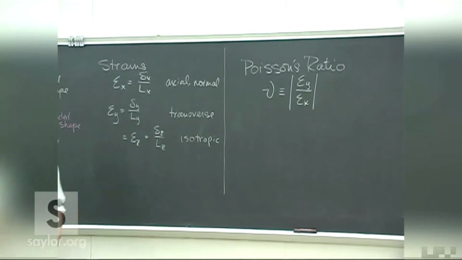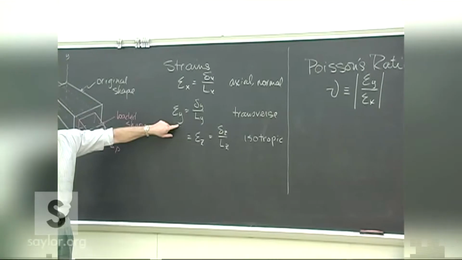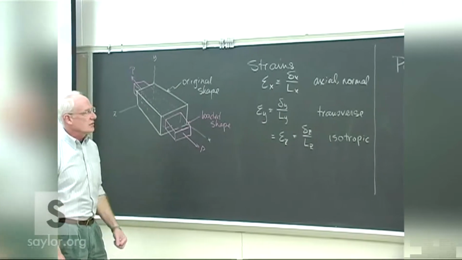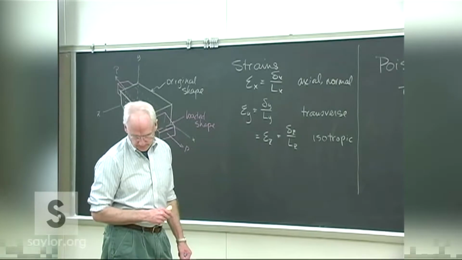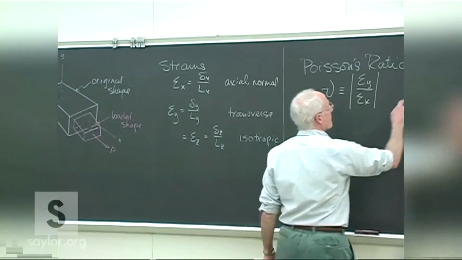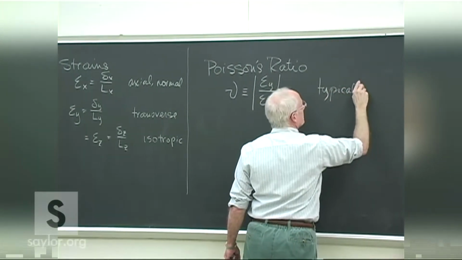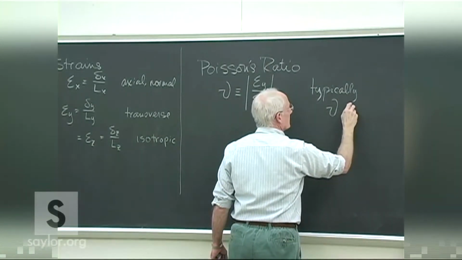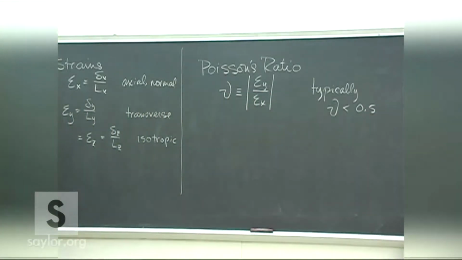We take the absolute value because, as drawn, these transverse strains are negative, the axial ones are positive for the picture I drew. And so this just makes the ratio a positive number, is all. Typically nu is less than about a half. Very common numbers are like 0.2, 0.3 for materials.